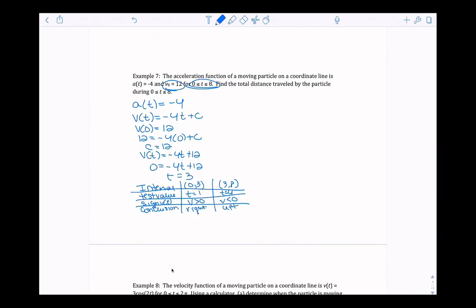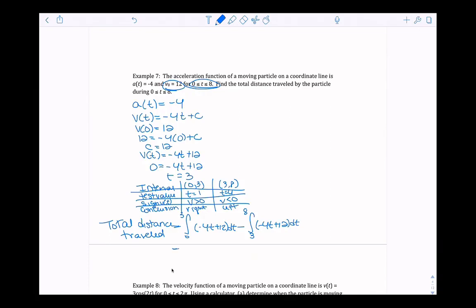So that means that my total distance traveled is from 0 to 3 of -4t plus 12, and then minus from 3 to 8 of -4t plus 12 dt.